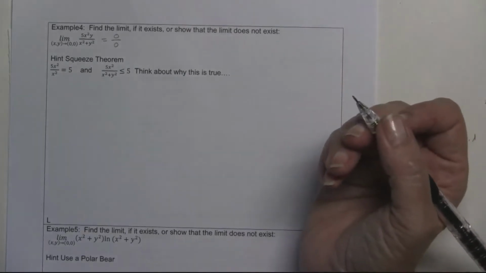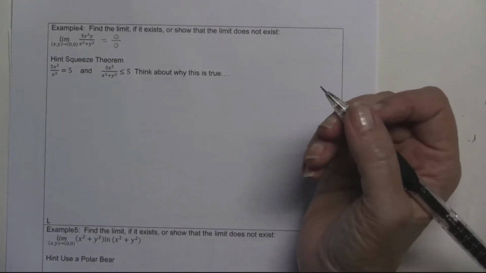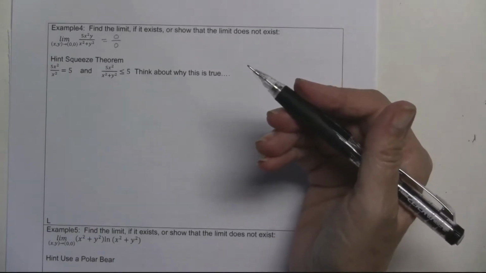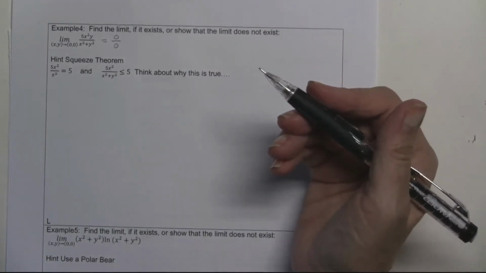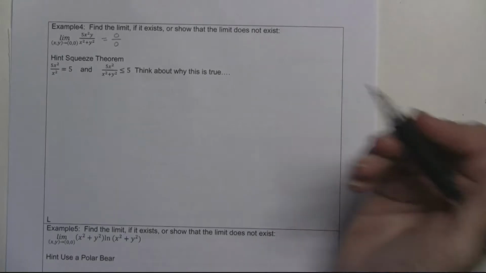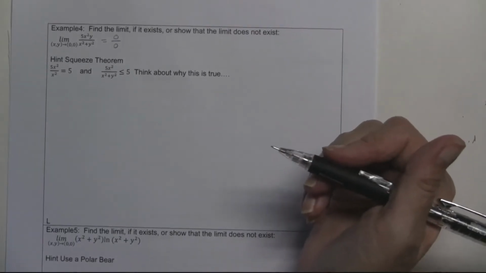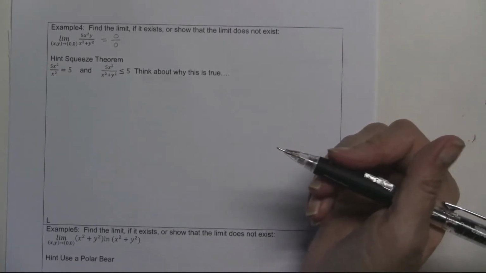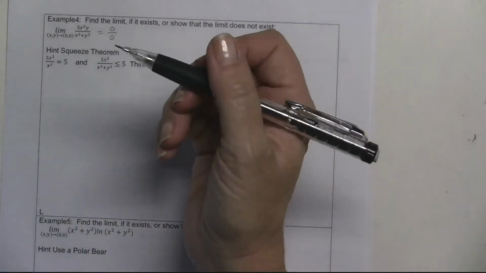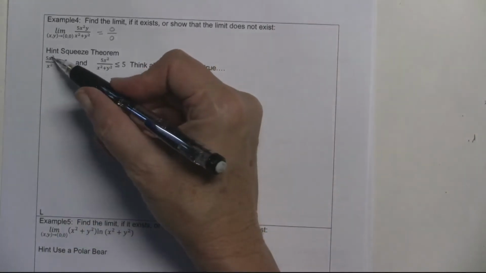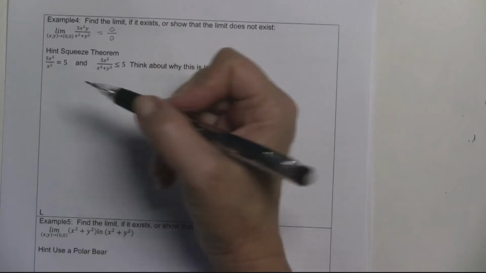Okay, so why don't you do that if you wanted, along the path y equals x, and show that the limit is 0. I want to check out this squeeze theorem idea. On the squeeze theorem, these are the hints they gave me. 5x squared over x squared is equal to 5, and you can certainly agree that's true.